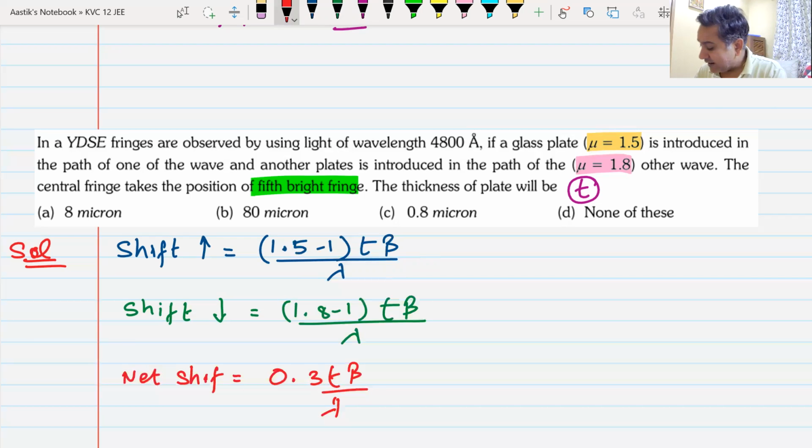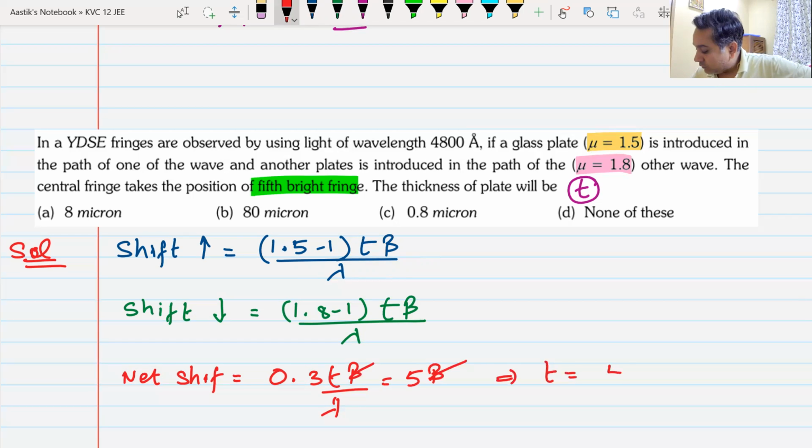And that is nothing but the central fringe has taken the position of the fifth bright fringe. So what is the shift? It is 5 times beta, n times beta. Yes or no? Beta getting cancelled. You can get the value of t.